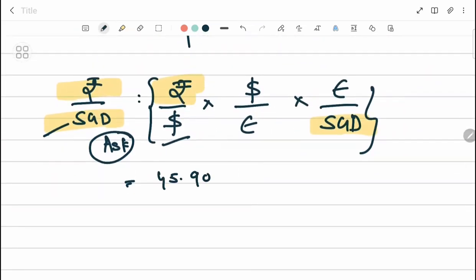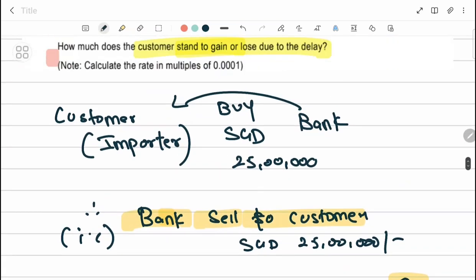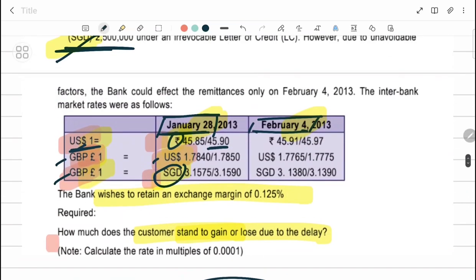Which was the rate 45.90. Great. Now dollar by pound, do we have that rate or not? Let's see. No, we have a pound quote. What do you mean by this? This pound quote is dollar by pound, a direct pound quote. See, the pound is in the denominator. More importantly, pound is the standard currency. 1 pound is equal to dollar something, 1.7840 and 1.7850.